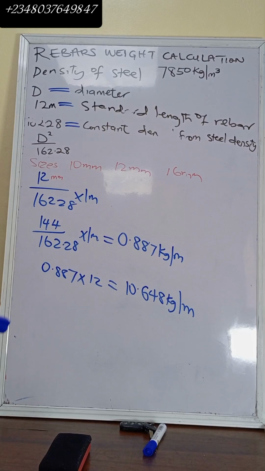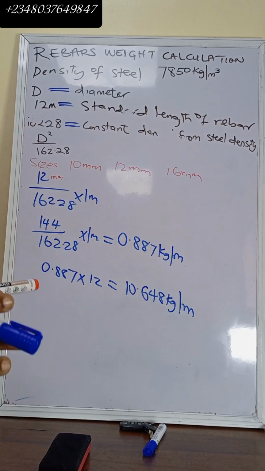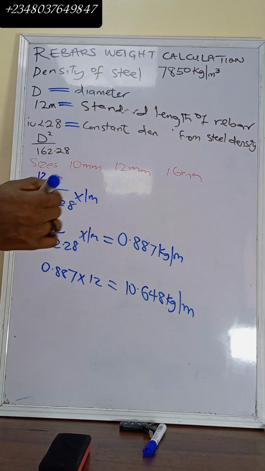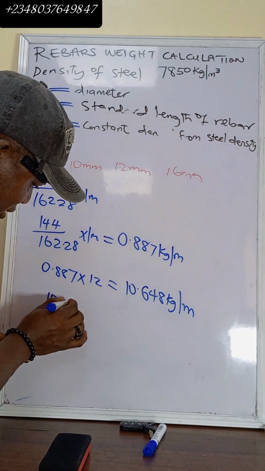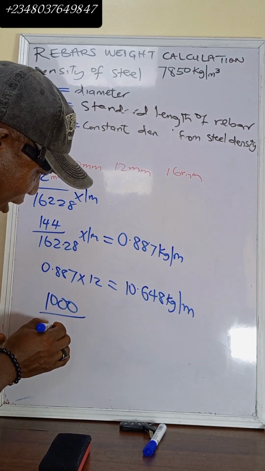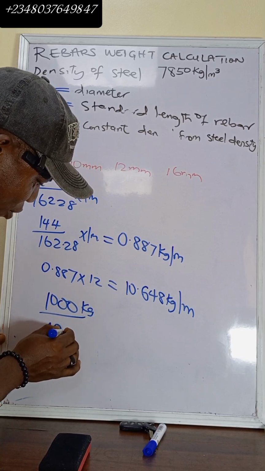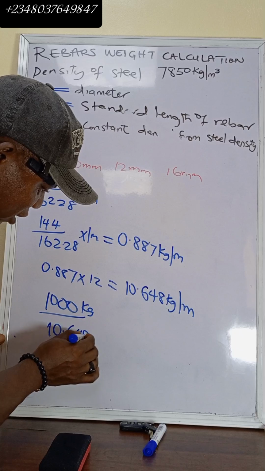Now we are going to go further to calculate how many lengths we have in 1 ton of 12 mm. So what we are going to do is 1,000 kg over 10.648 kg.